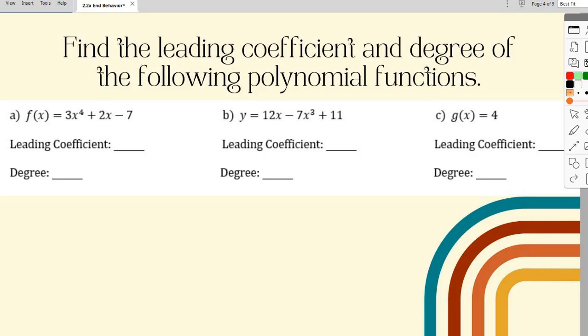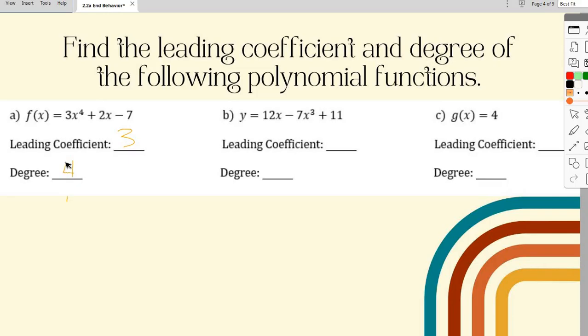Because like we just said, if my degree was even or odd, that's going to help us to decide if both my ends go up, down, or if they're opposite. So what's my leading coefficient of this first one? 3. What's our degree? 4. Just 4. Okay.